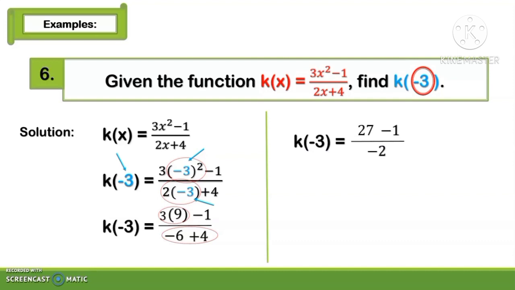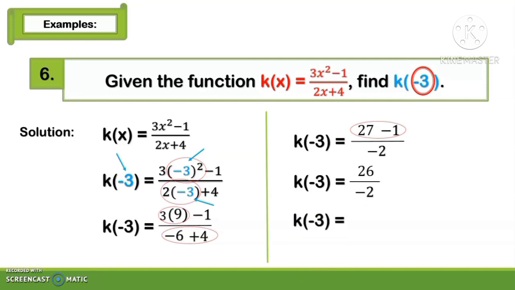Unlike sign. And then copy the sign of the bigger value or number. Bring down k of negative 3 equals, simplify natin yung nasa taas. It will give us 27 minus 1. It is equal to 26. Then let us copy negative 2 or bring down negative 2.